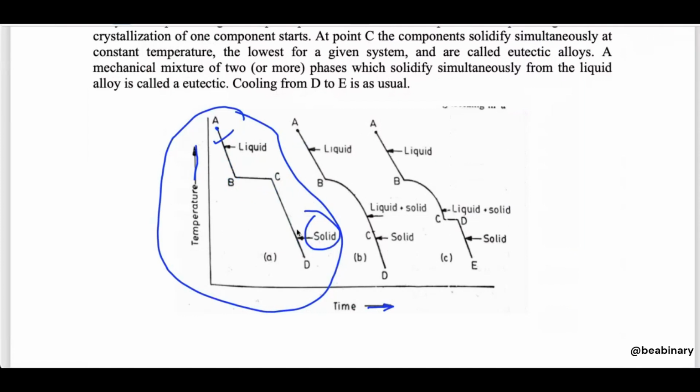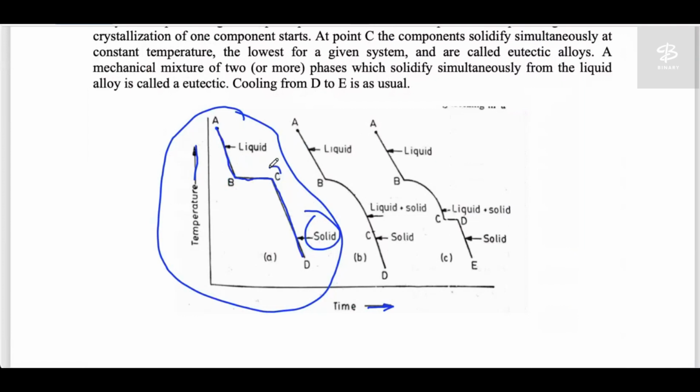So this is the cooling curve. Simply put, the liquid will start decreasing its temperature, but only till a certain point. After that, it converts into solid, and once all the liquid has converted into solid, the temperature of the solid will decrease. Even in the form of solid, it can have different temperatures.